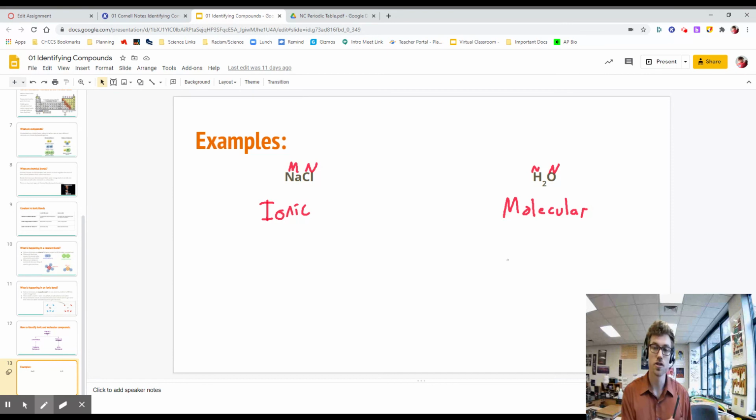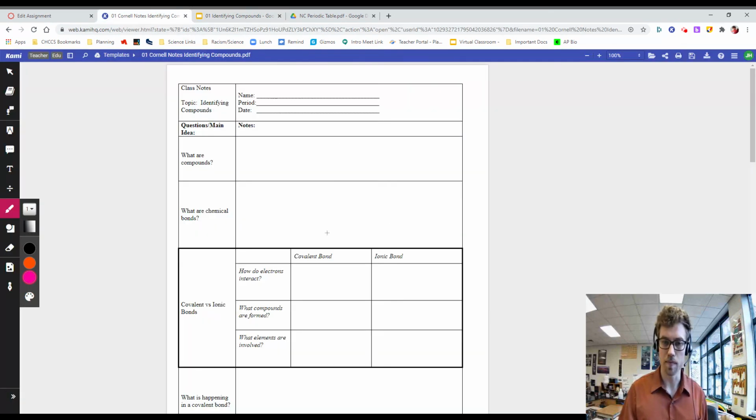So what you need to do now is go through and finish the rest of the notes practice sheet. Make sure you go through and write in your summary, and then underneath the summary on the last page is some practice where you need to identify these molecules as either ionic or molecular compounds.